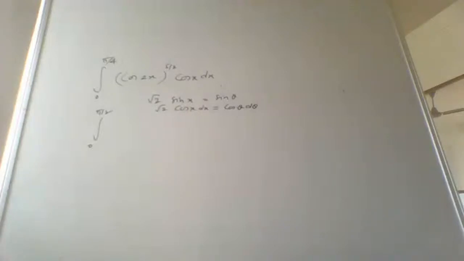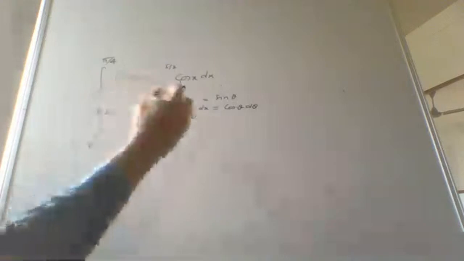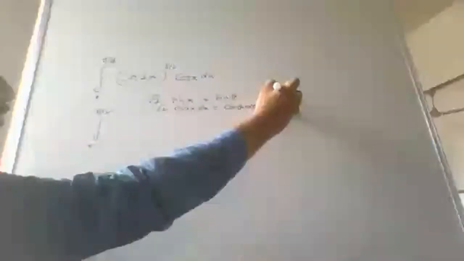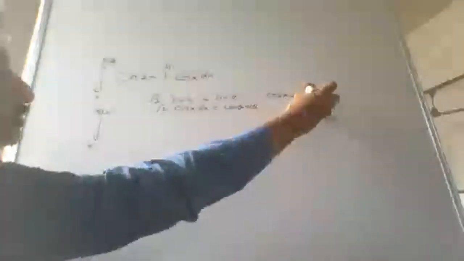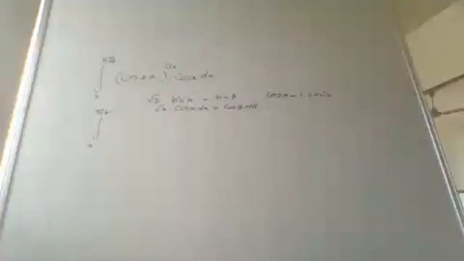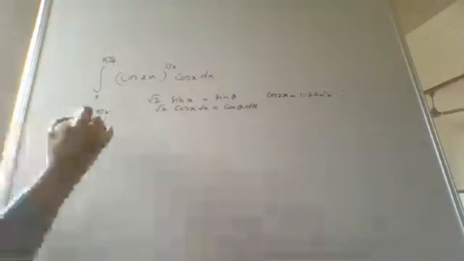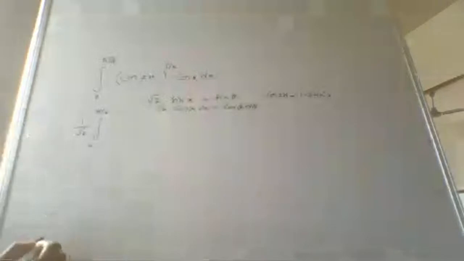Now cos 2x, I can write as 1 minus 2 sine square x. Right? So let us substitute that. So that is 1 by root 2.